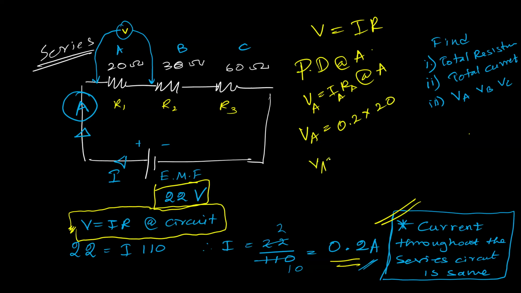So VA is 4 volt. 0.2 into 20. 0.2 you can think it is 2 over 10, no? Into 20. This 0 will get cut. Answer will be 4. Calculation part you can do in any method.